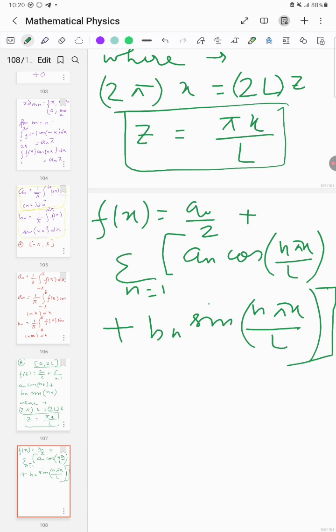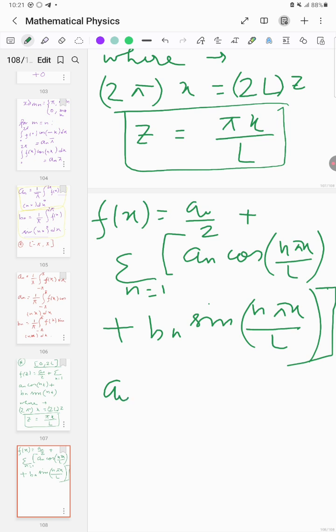Alright. So earlier we did not have n pi x by L as the argument of cos and sine, but now we have, because of the scale change factor, because we are changing the scale from 0 to 2 pi to 0 to 2L. So how will this affect our a naught, a n and b n?